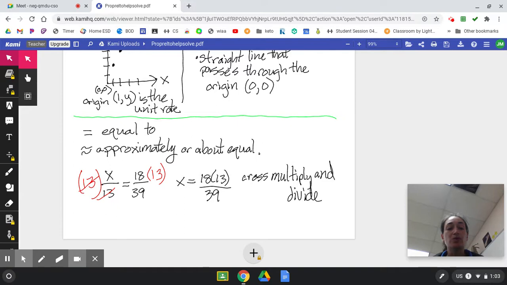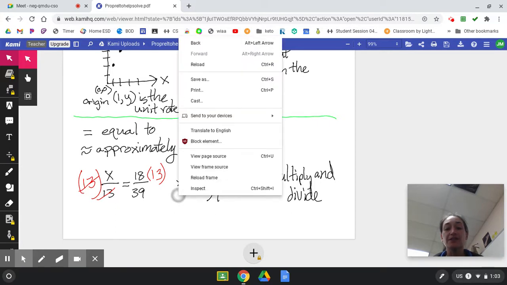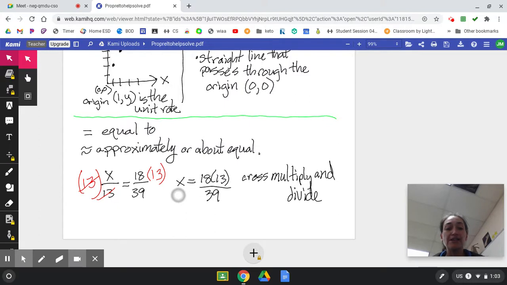Okay, right now, if I multiply x over 13 by 13, the 13 cancels out, and I'm just left with x. On the other side, of course, I have to do the same thing. Therefore, I put 13 times 18. And now my new equation leaves x all by itself so that I can solve for it. And I have 18 times 13 divided by 39.